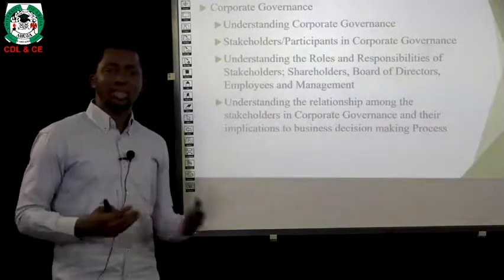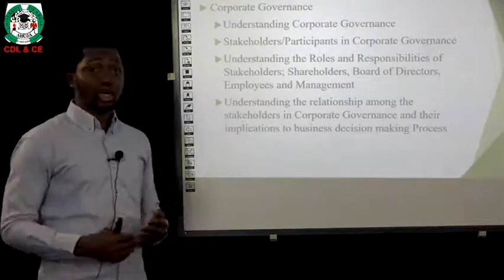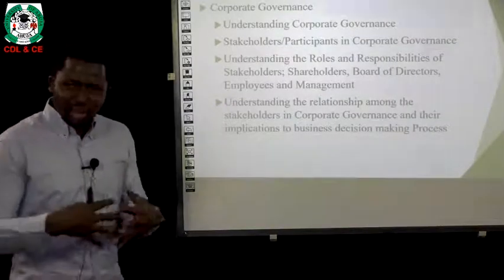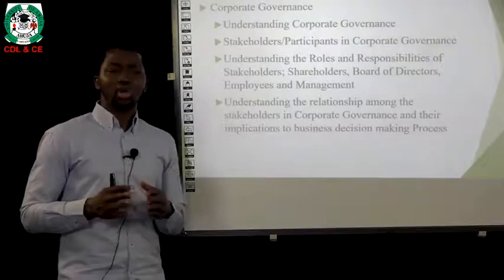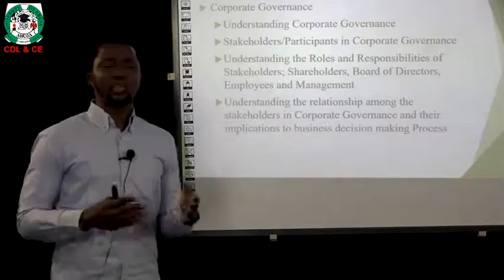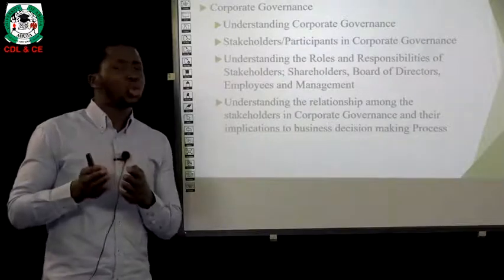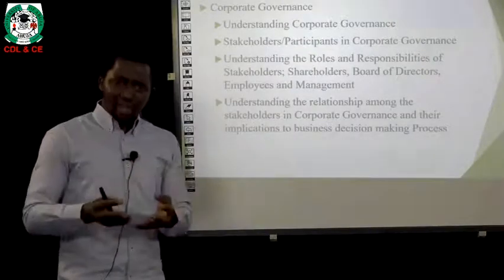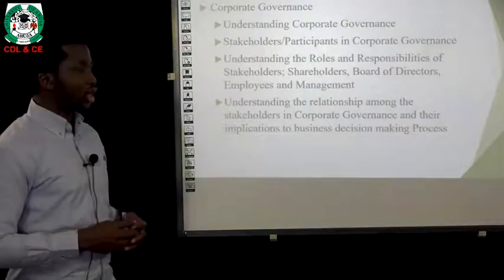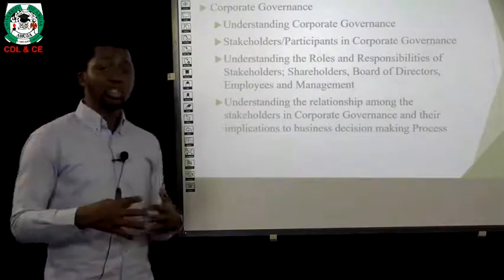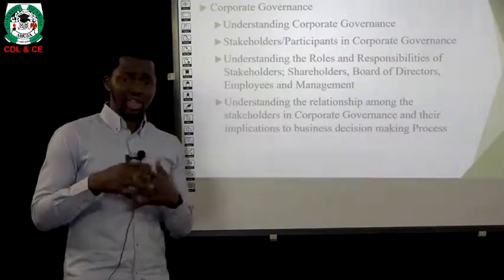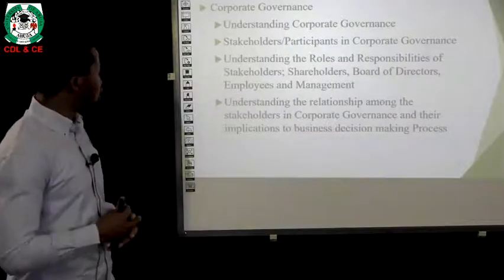We need to understand the differences that exist between these various participants, and what the relationships are, because even though their objectives or responsibilities are different, they are going to be working towards a unified goal, a unified mission and vision. What is expected at this level is some level of integration and coordination.